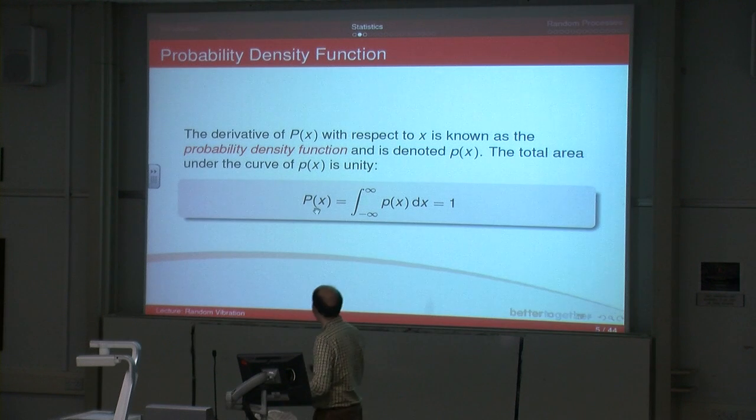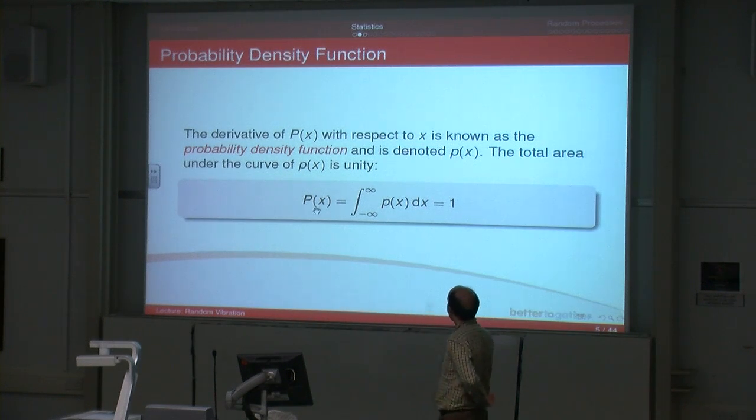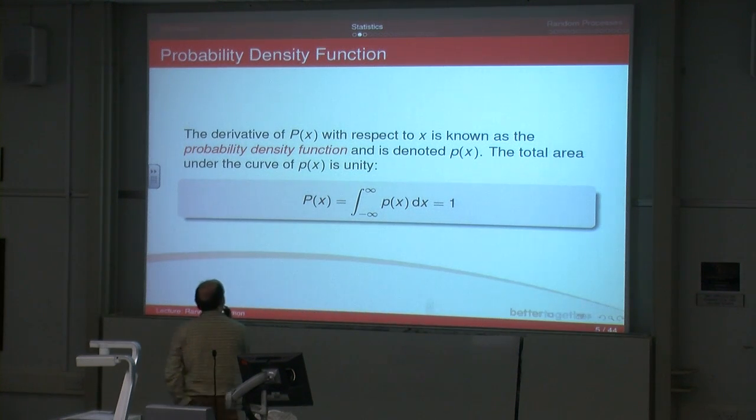So I said that the derivative of P of x with respect to x is known as the PDF. So the integral of the PDF gives us that probability distribution function. And like I said, the area underneath that curve, between minus infinity and infinity, is always 1, because you've got a chance of 100% that your value is going to fall underneath that curve.